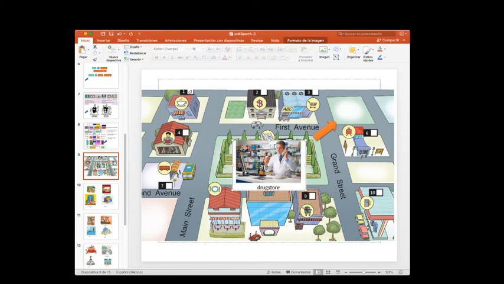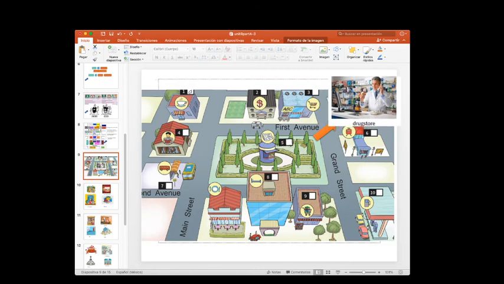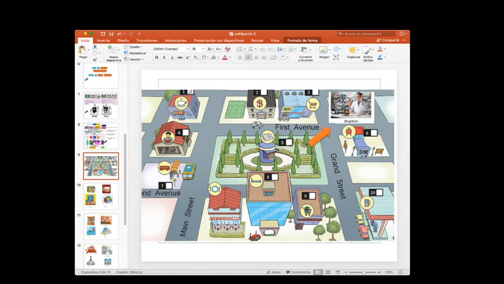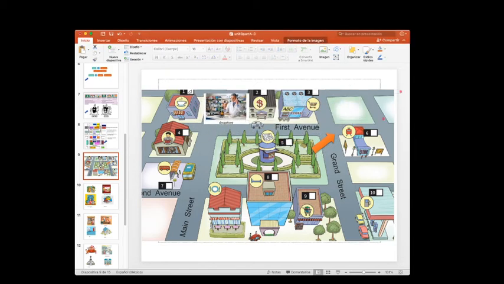It's my example. Okay, maybe here, the drugstore. So the drugstore is on the corner of Grand Street and First Avenue. Or maybe here I have another place.